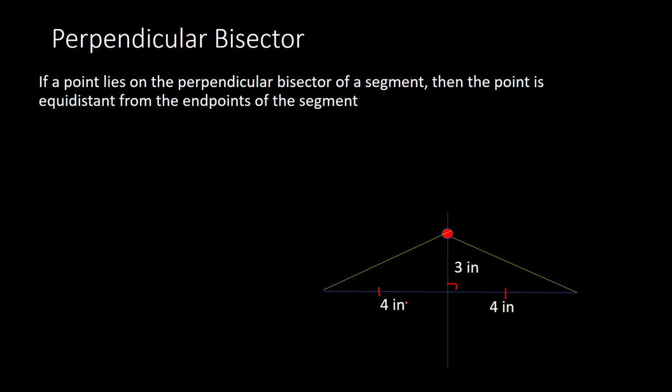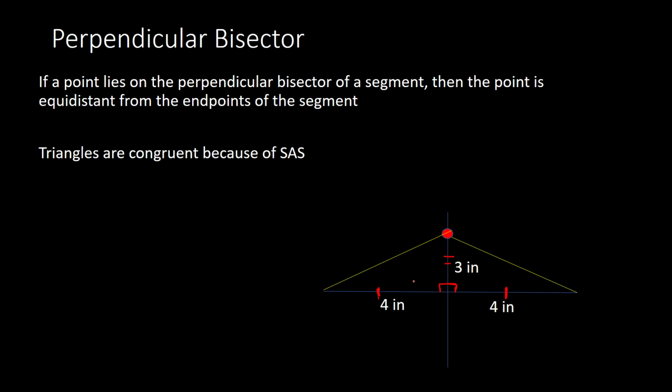Then based off this picture, we have a segment congruent to another segment, and then this angle is congruent to this angle. They're both 90 degrees. And then looking at the two triangles, this side is shared with both triangles. So what we have is a side congruent to another side, an angle congruent to an angle, and then this third side that's shared is congruent with the other side for that triangle. So what we have is actually two congruent triangles based off the side angle side postulate.